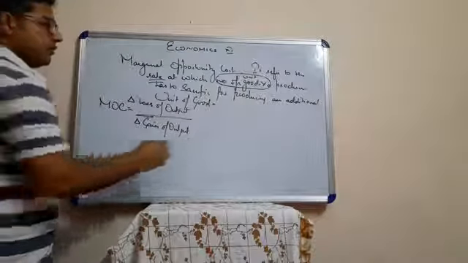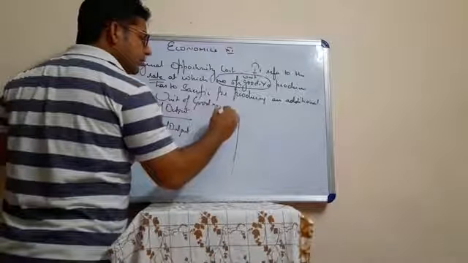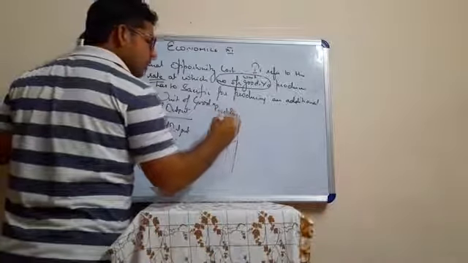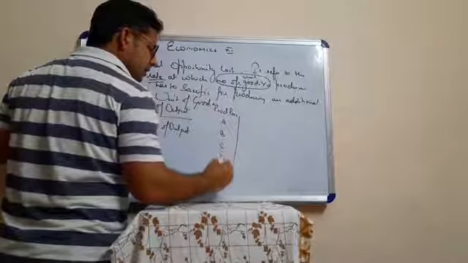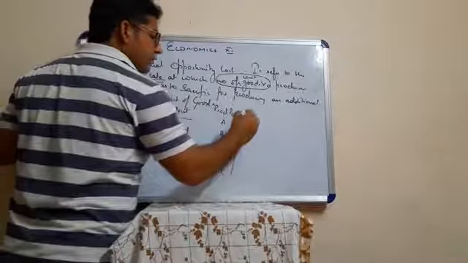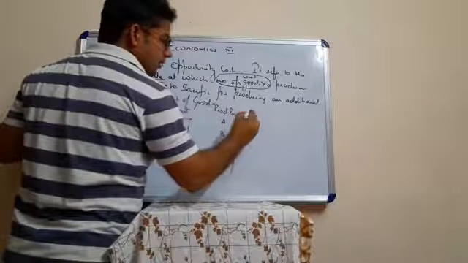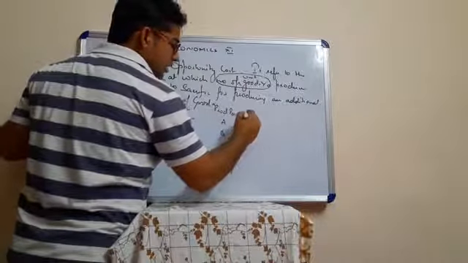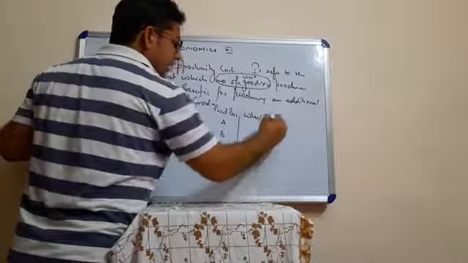If you wish, you can use the schedule of production possibility curve. If you remember, we have the schedule of production possibility curve, that is, the production possibilities A, B, C, D, E. Suppose this is wheat and rice.